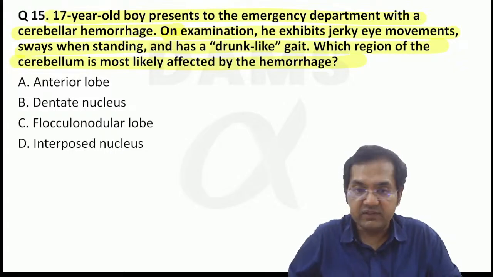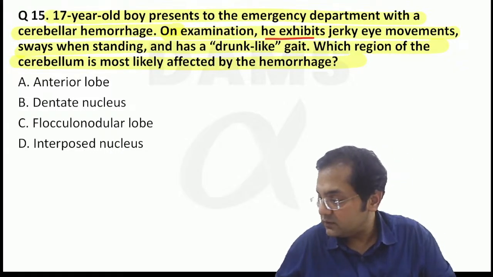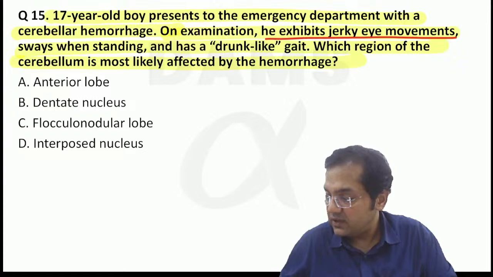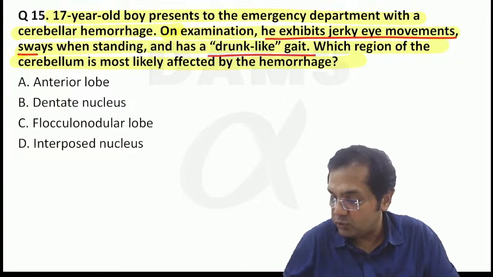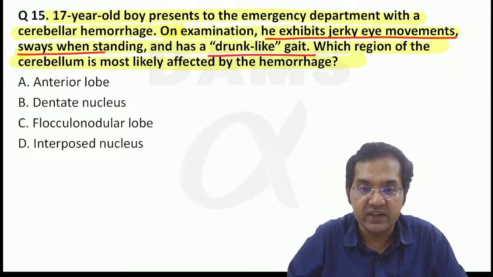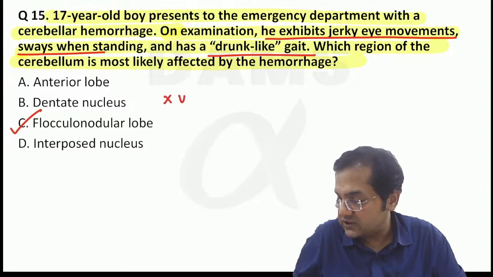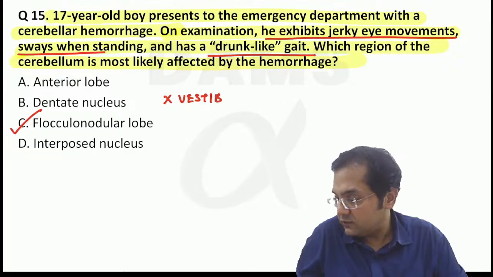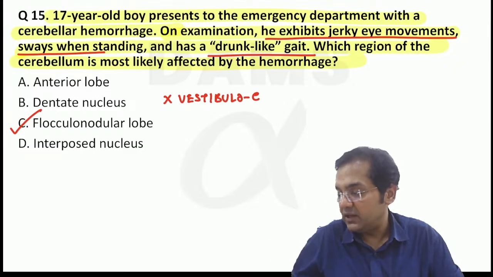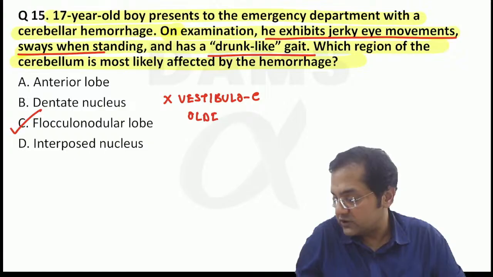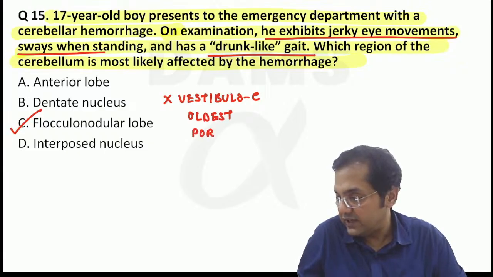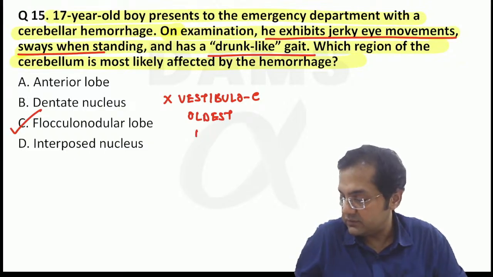Postural imbalance along with nystagmus, jerky movements, drunk-like gait, sways when standing. Enough of the hints. This is none other than a dysfunction of the vestibulocerebellum, the oldest portion phylogenetically. Very good, that's the right answer.